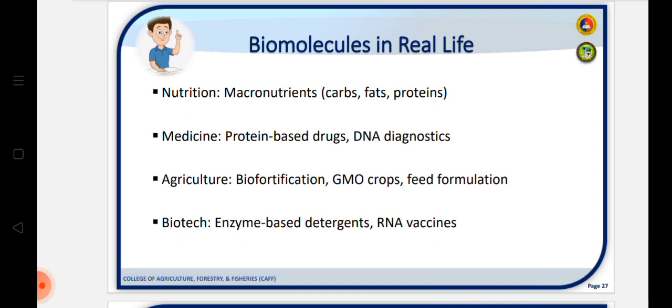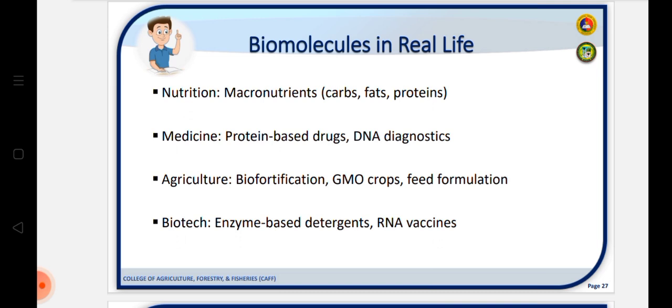So as we close this lesson, let's step beyond the molecular diagrams and explore how biomolecules shape the world around us. So these compounds aren't just confined to cells, they are also embedded in our daily lives, our food systems, our medicines, and technology.